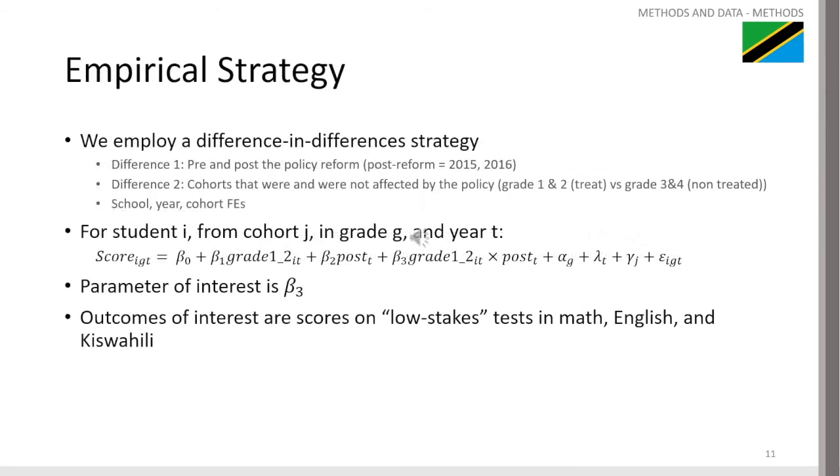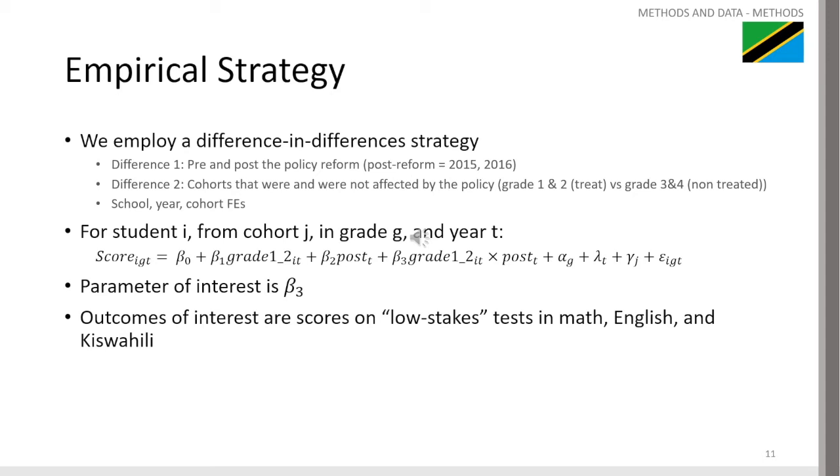So we're going to use a difference in difference strategy to examine the impact of this reform. The reform is 2015-2016, those are the years of the reform, and the pre-reform periods that we have in our data are 2013-2014.